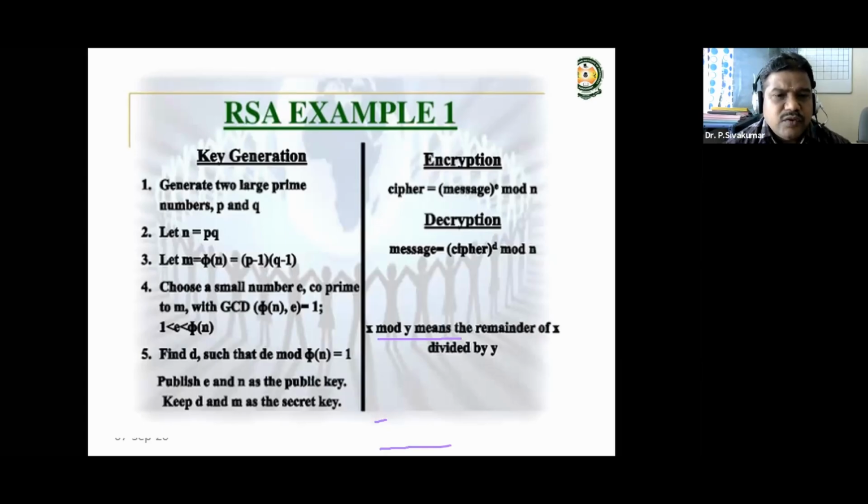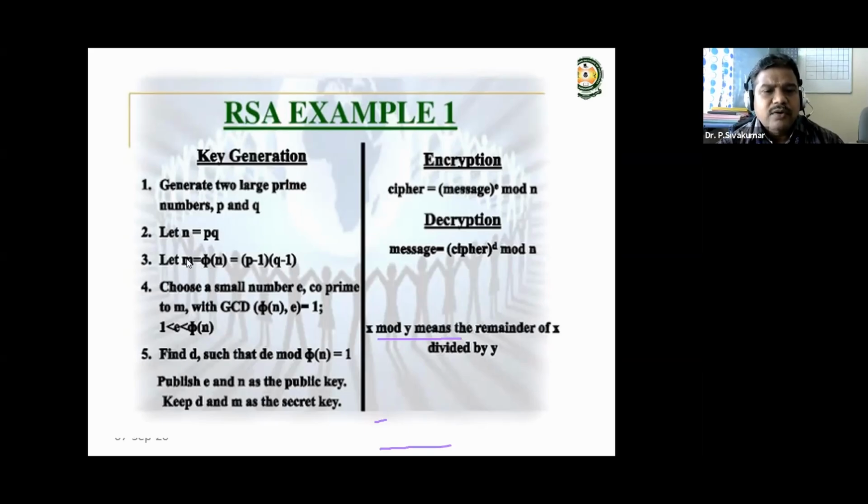That number we can choose for this algorithm. After that, second step, find your n value, n is equal to P into Q. After that, we can find your phi of n value using Euler's totient function. That function formula you know very well, P minus 1, Q minus 1. Already you know the P value and Q value, so with P minus 1, Q minus 1 you can get phi of n.